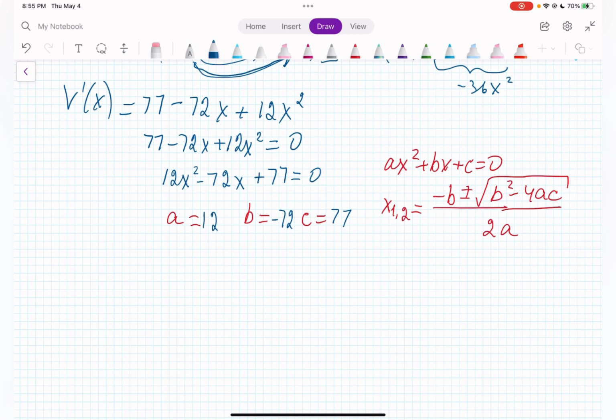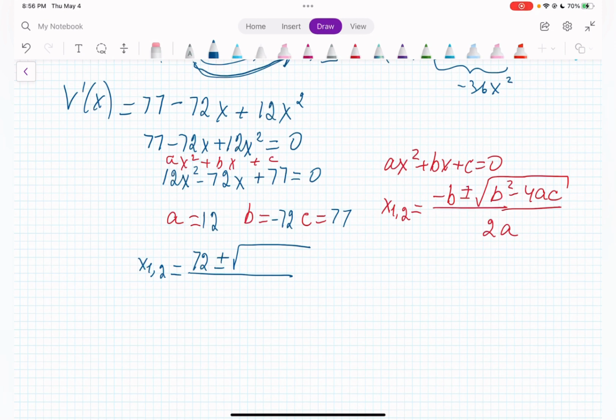Look, if I rewrite ax squared plus bx plus c, right? Okay. So let's solve it. x1, 2 is equal to negative b, so negative 72 will be positive 72, plus minus the square root of 72 squared.